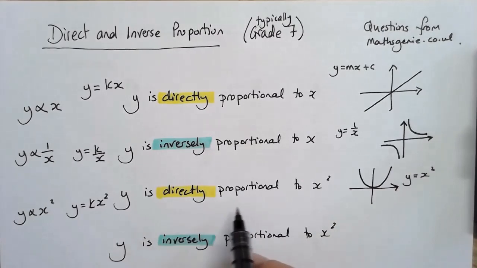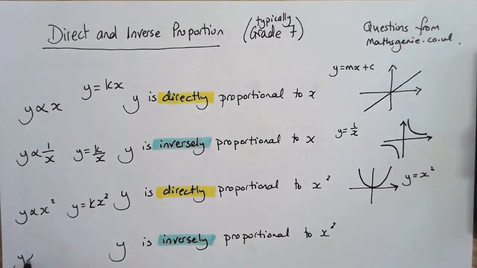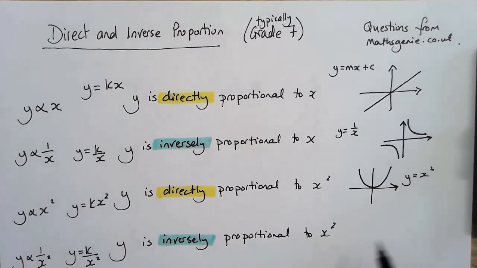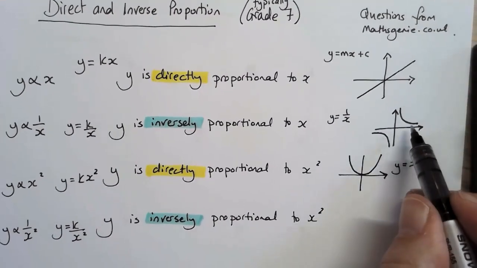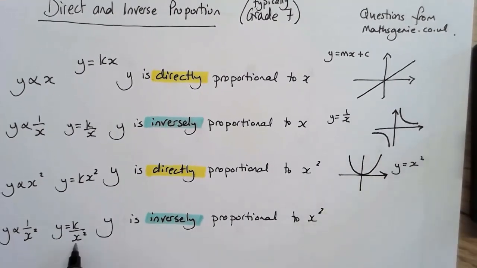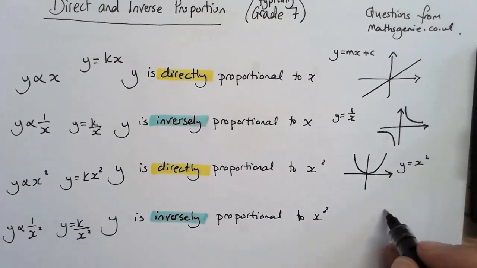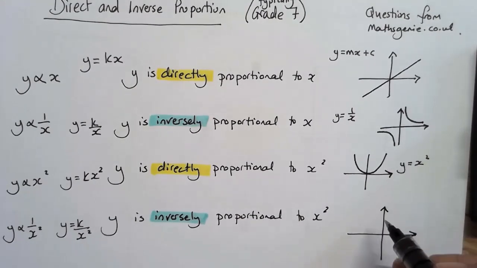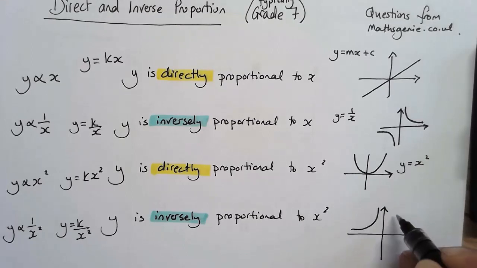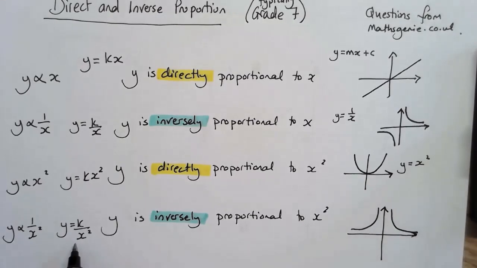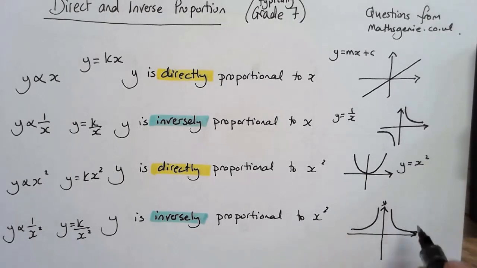And that's when it's proportional to x squared. This one is similar in nature, except because it's squared, if x is negative, y will always be positive. So the graph is always positive on the y-axis.